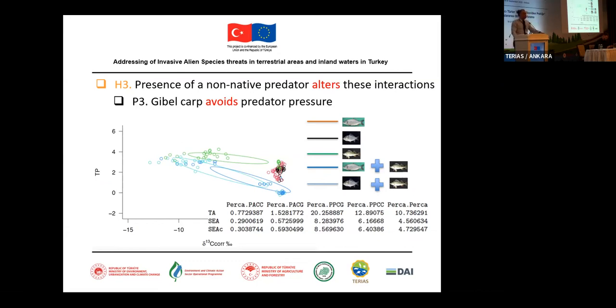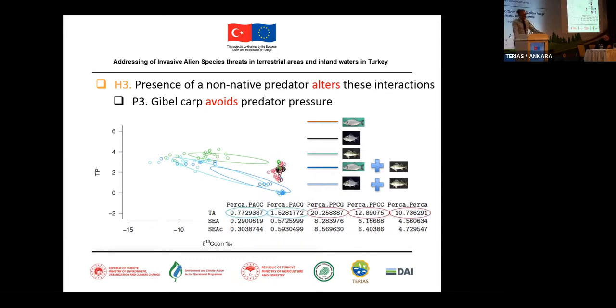In the perch absence-presence comparison, both species' niche areas get enlarged. So they somehow give some kind of biotic resistance or phenotypic response, finding this predator presence a reason to occupy a wider trophic niche area. This is the result here, as you see.